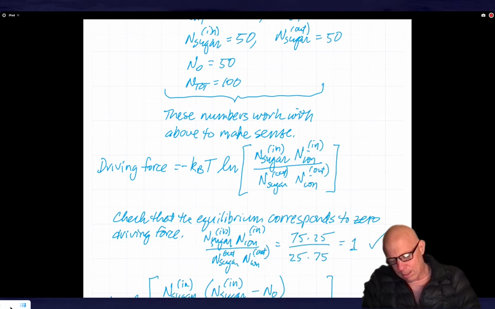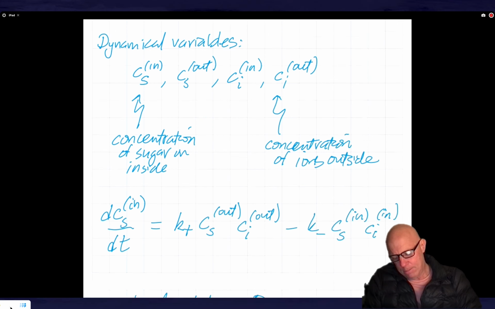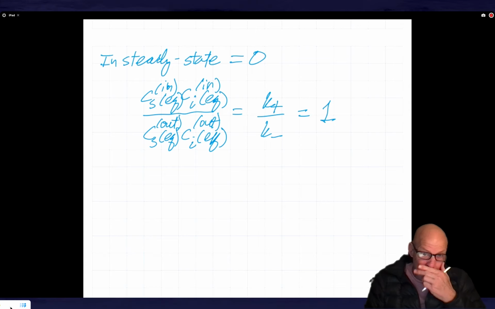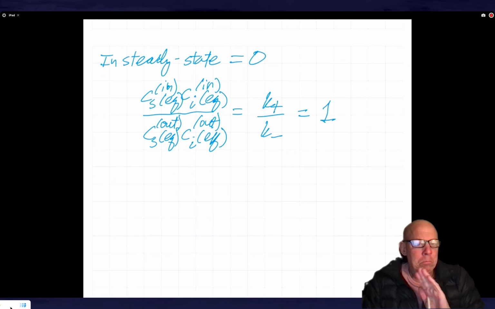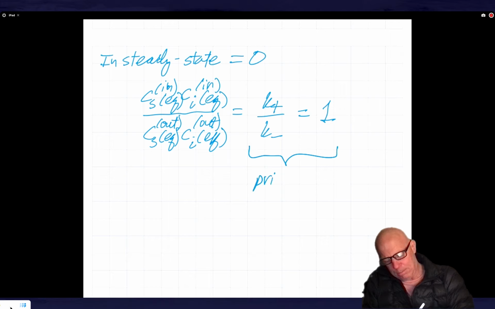The only way this is going to be 0 is if this quantity is 1. Okay, so that's my reason for asserting, as I did down here, that in steady state, these ratios are equal to 1. Cool.